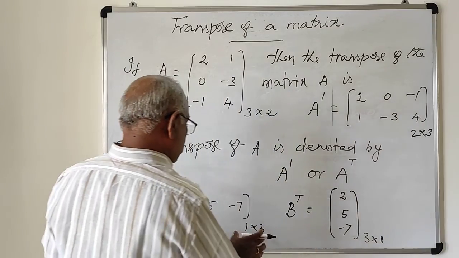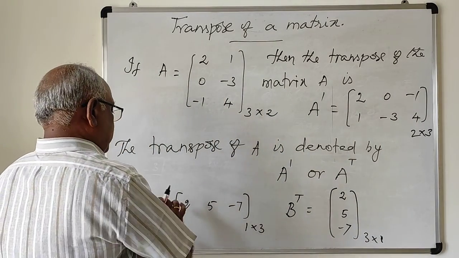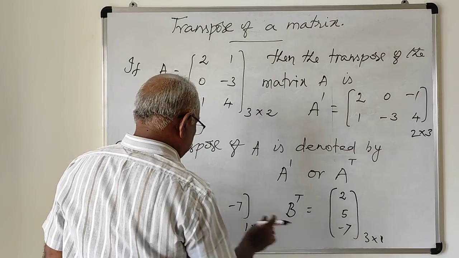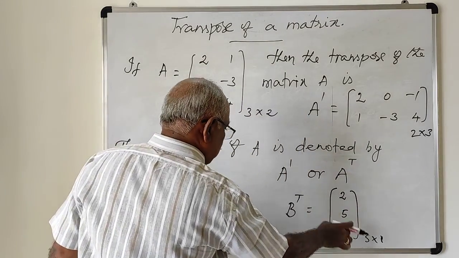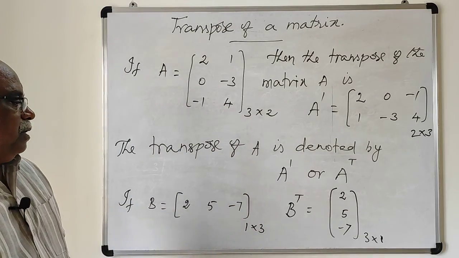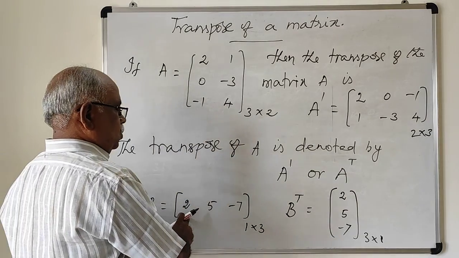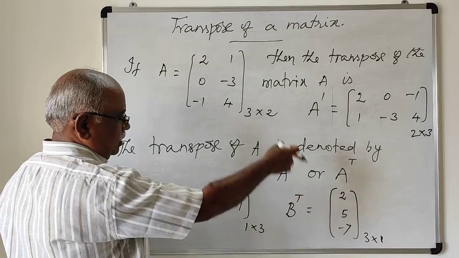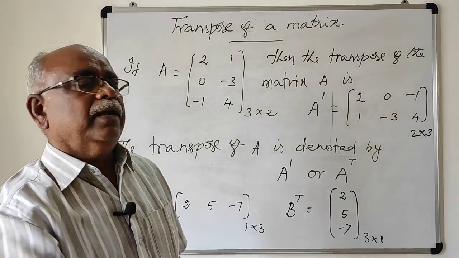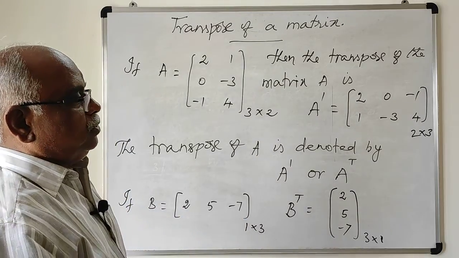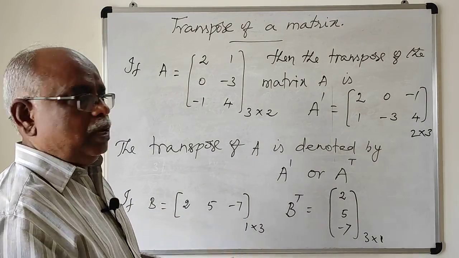So this is the transpose of B. Interchanging the rows into columns is called a transpose, and it is denoted by A dash or A transpose.